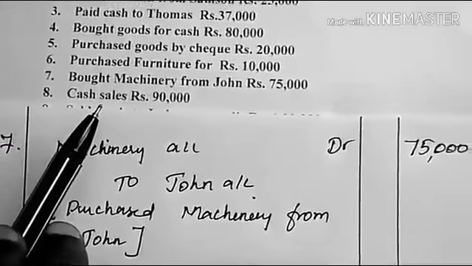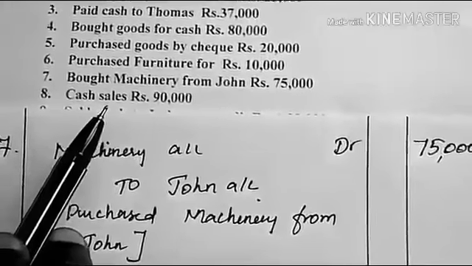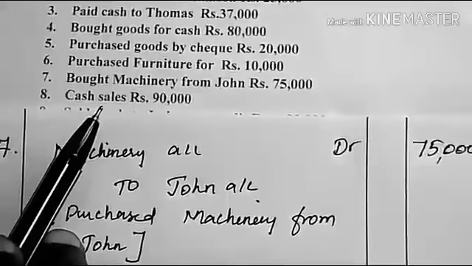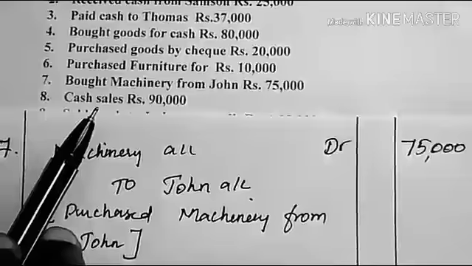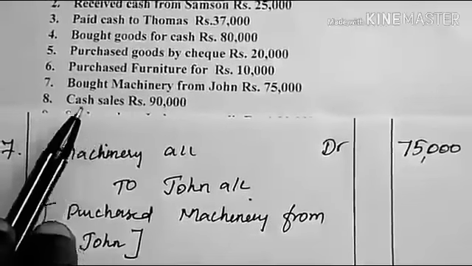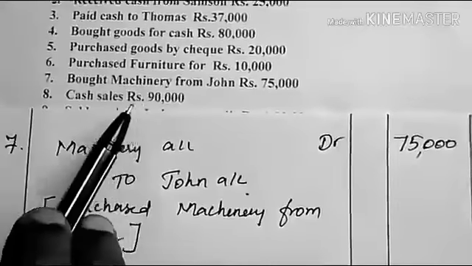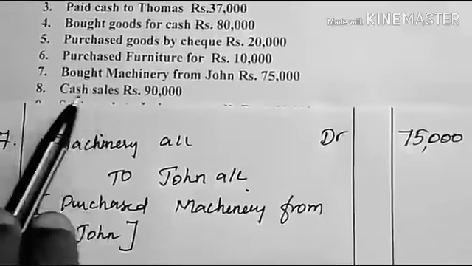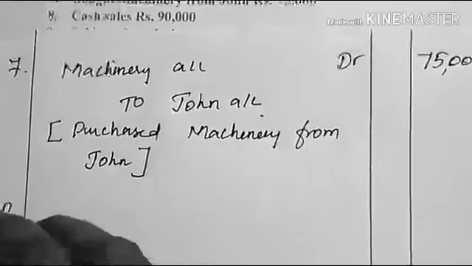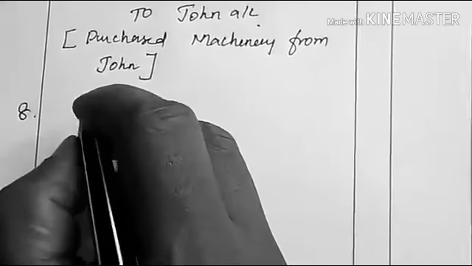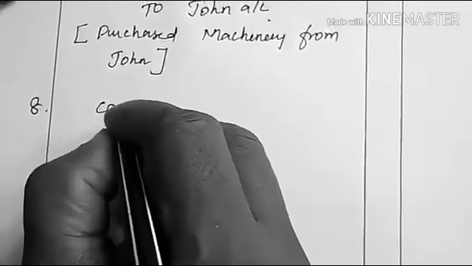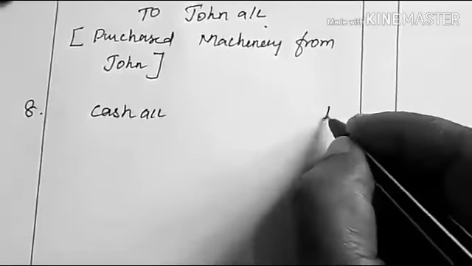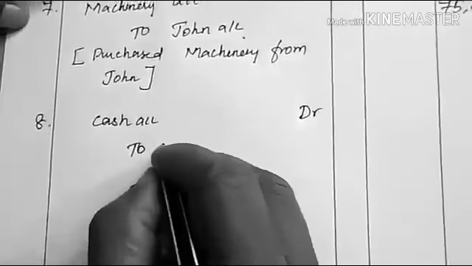One is cash basis, another one is credit basis. Here, cash sales means sold goods to customer on cash basis. So, what is the entry for this transaction? When you sell something, what comes in? Cash comes in. Cash account debit to sales.